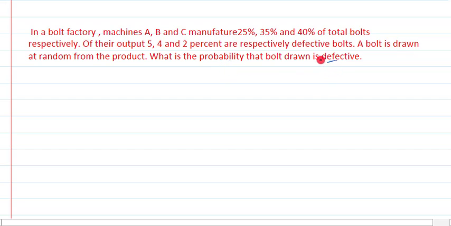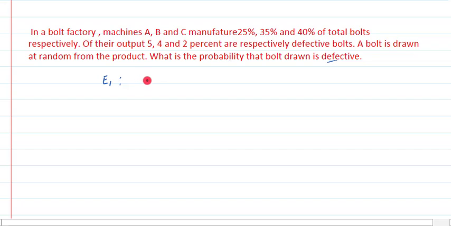So therefore, this is the problem of total law of probability, and we'll move in the same way. Let E1 represent the event of selecting a bolt from machine A. So we'll write it over here.